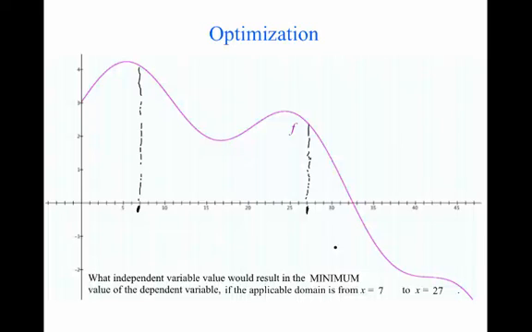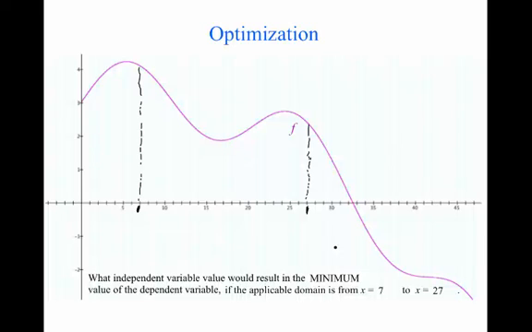Justin, tell me, what is the minimum and where does it occur? At 16 or 17. Okay. Under 2, right? Around 16 or 17, just under 2.